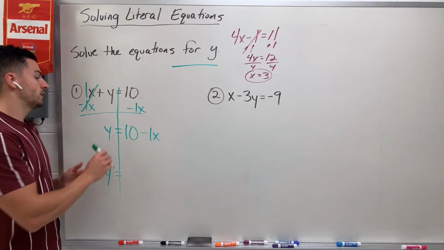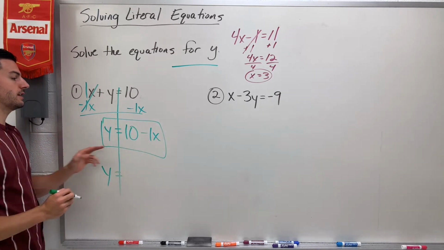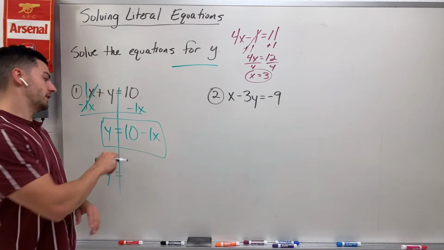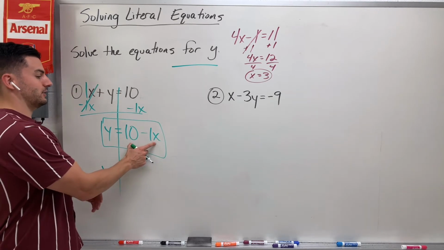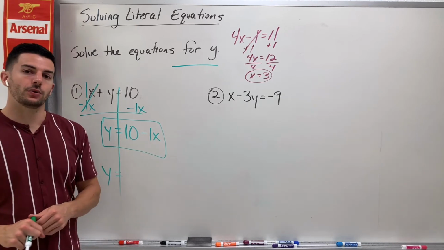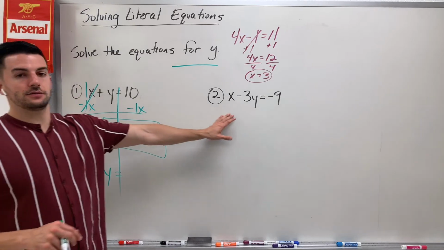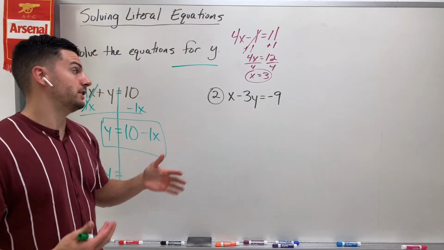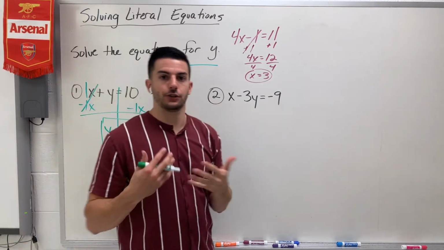So that's my final answer: y equals 10 minus 1x, okay? Because the y is by itself, I know I did solve for y. But I'm not going to find a single number answer with these two different types of letters in here, okay? Now that might be super weird, but you'll see that's how it's going to be for these types of problems, okay? I'm going to do number 2, and like I said, I'll do a couple more.